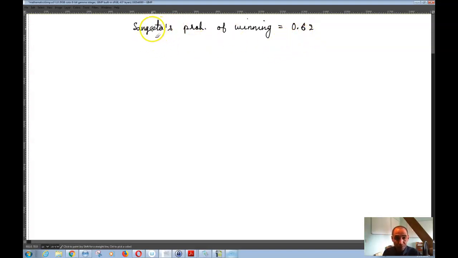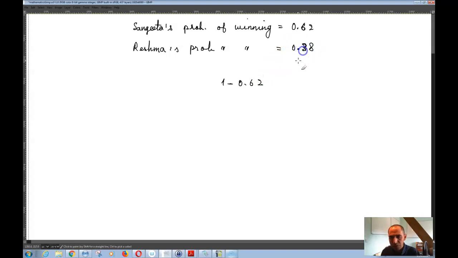So since Sangeeta's probability of winning the match is 0.62, that means that the rest of the chance is given to Reshma for winning. So Reshma's probability of winning would be 1 minus 0.62, which is equal to 0.38, right?